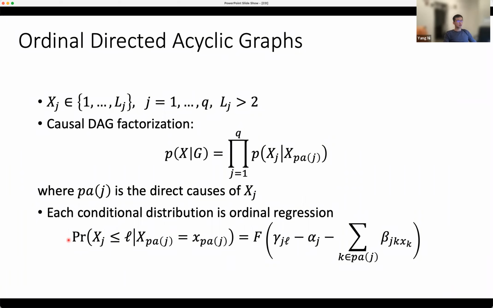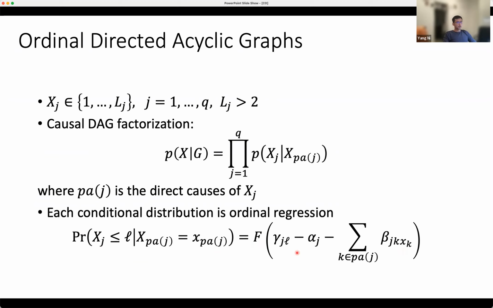So we choose to use the cumulative conditional probability distributions as a representation of the ordinal regression. It's really just a vanilla ordinal regression, nothing really new here. This f is some link function, so you can pick whatever your favorite link function is, say logit or probit or whatever you like. Any link function, basically.